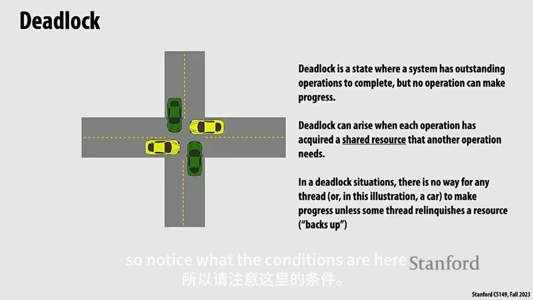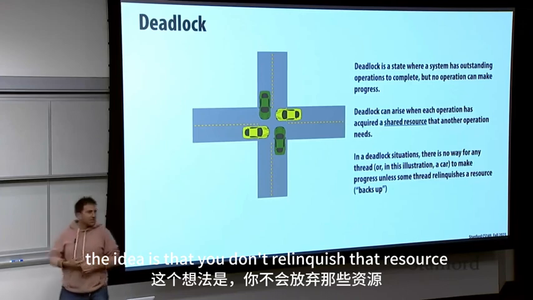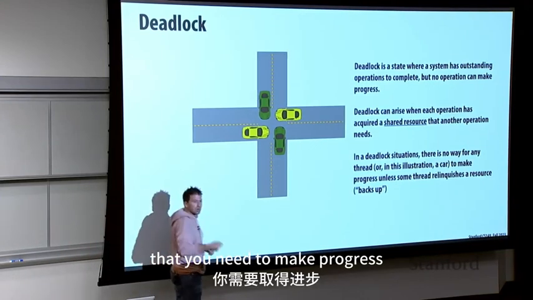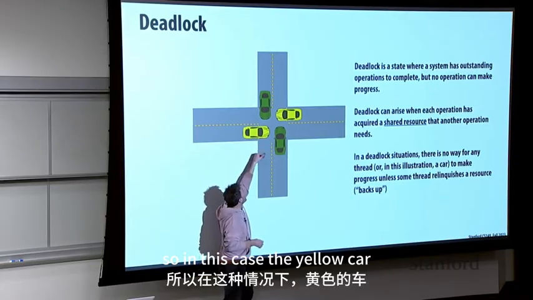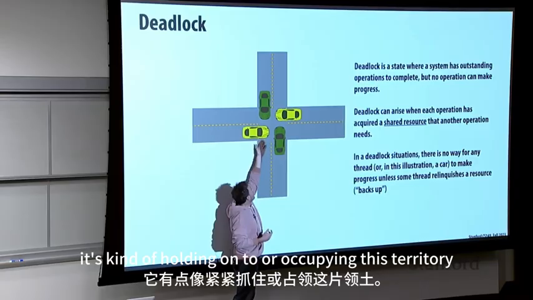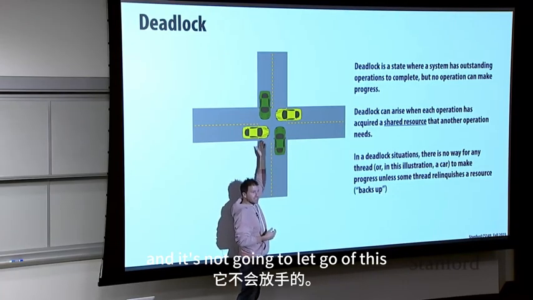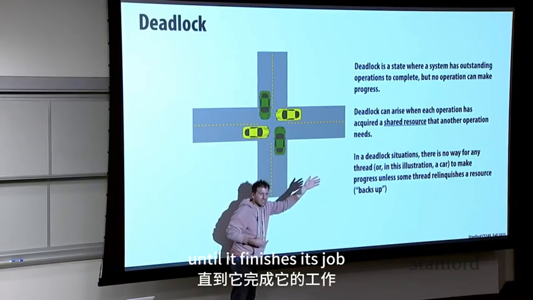So notice what the conditions are here for this form of deadlock. Everybody needs a resource that they can't get. And you don't relinquish the resource you hold until you get everything you need to make progress. The yellow car is occupying this territory, but it needs that territory, and it's not going to let go of this one until it finishes its job.